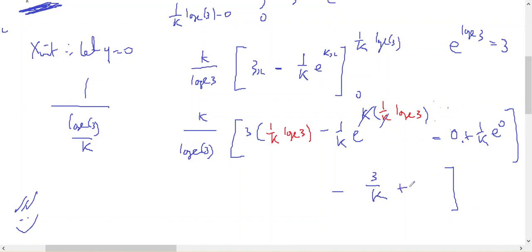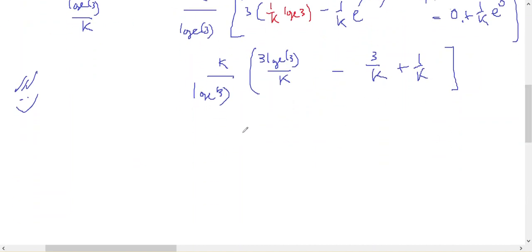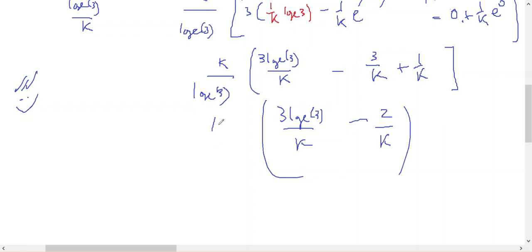This is plus 1 on k, because e to the 0 is 1. So here we have 3 log base e of 3 on k. All out the front is k log base e of 3. So these will combine together to give me minus 2 on k, 3 log base e of 3 on k, times k log base e of 3.